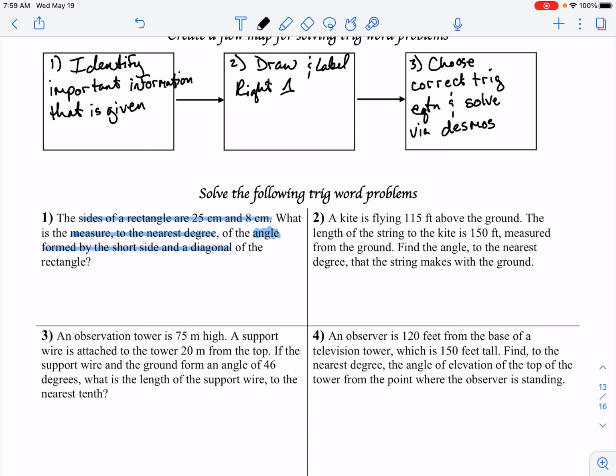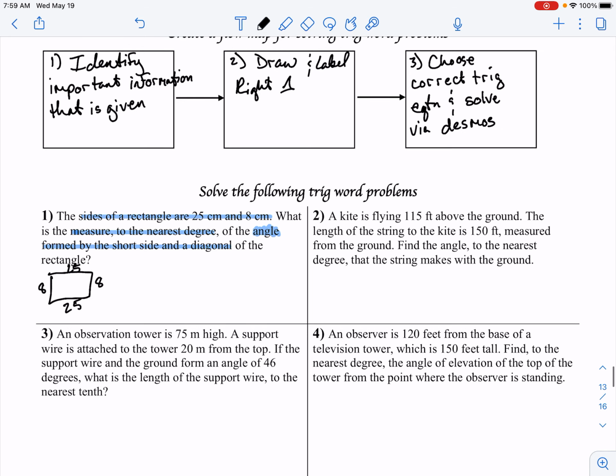All right, so if I think of a rectangle, the long side is 25, the short side is 8, and the diagonal just goes from one corner to its opposite corner. And from here, I simplify this picture, and I have 2 right triangles, one that looks like this or one that looks like this.